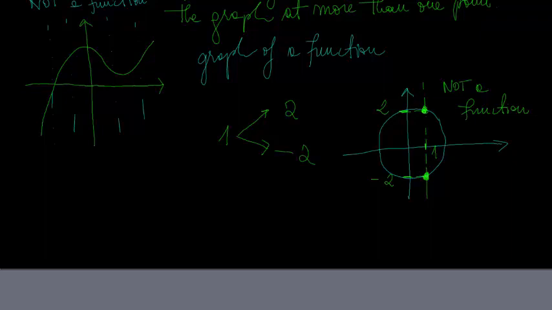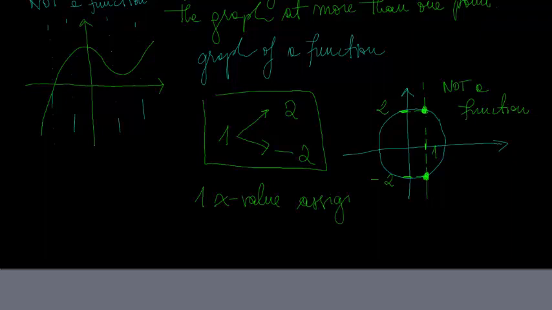So what we're dealing with here is one x value being assigned to two y values, and that contradicts the definition of a function.